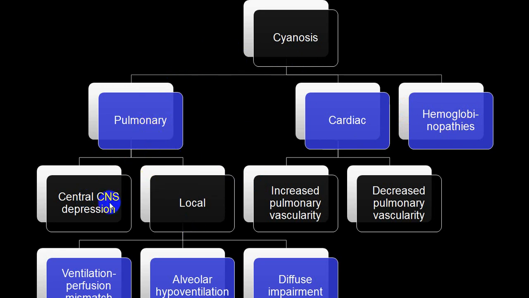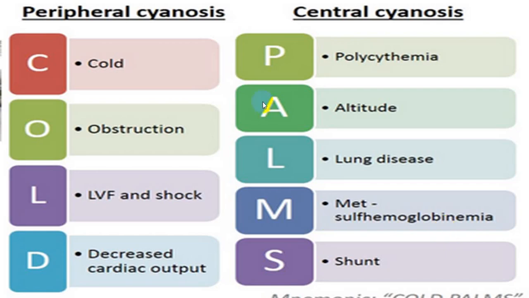There will be central causes, local causes, ventilation perfusion mismatch, alveolar hypoventilation or diffusion impairment, while cardiac will be because of increased pulmonary blood supply, but still the person has cyanosis, and because of decreased pulmonary blood supply, still the person develops cyanosis. So we'll be going into pathophysiology separately.